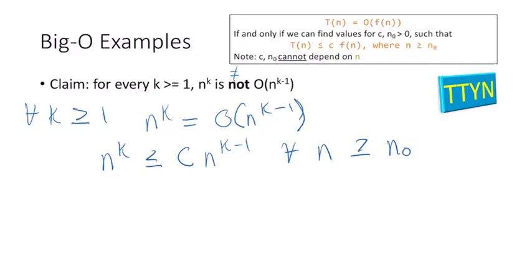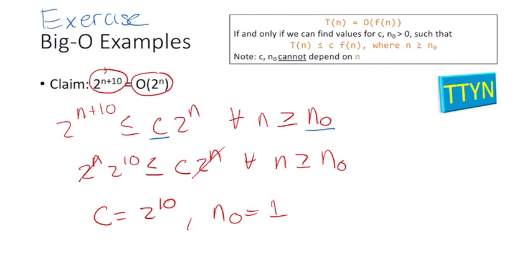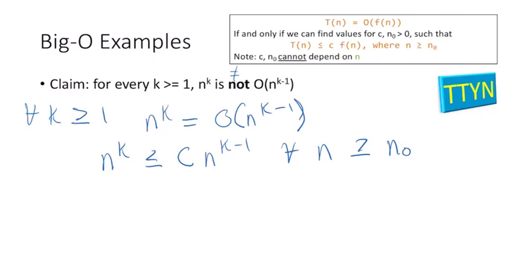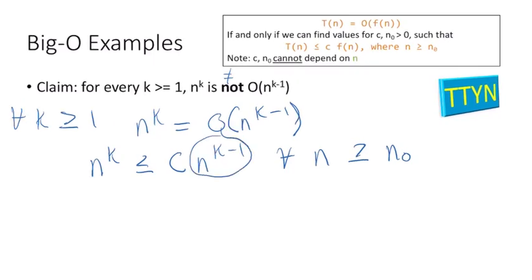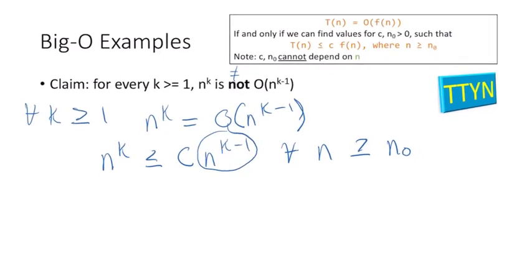Alright, well, we'll just do the same thing we did on the earlier example, but instead of splitting up 2 to the n into 2 to the n and 2 to the 10th, we'll split this into n to the k and n to the minus 1. So n to the k is less than or equal to C times n to the k and n to the minus 1 for all values of n greater than or equal to n naught.